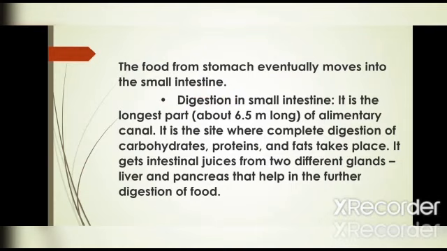Digestion in small intestine. It is the longest part of the alimentary canal, about 6.5 meters long. It is the site where complete digestion of carbohydrates, proteins and fats takes place. It gets intestinal juices from two different glands, liver and pancreas, that help in the further digestion of food.